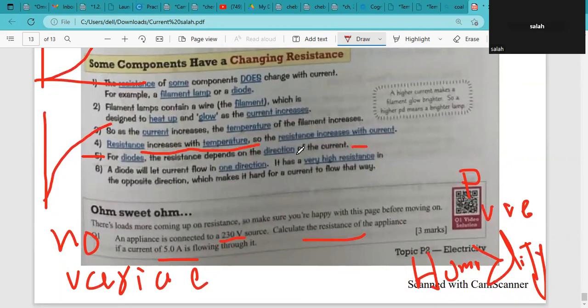So what do you get? I'm going to go back up. Sorry? I'm going to go back. One second. It's 0.03.